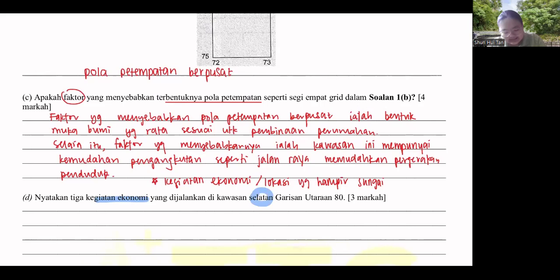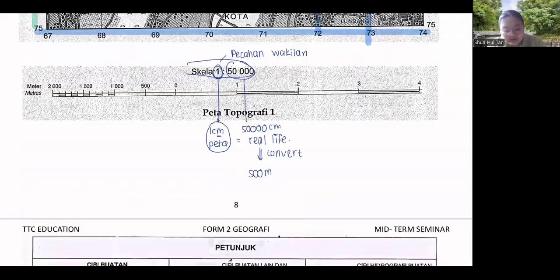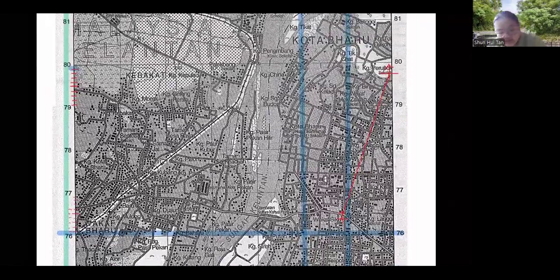Selatan Garisan Utara. So Garisan Utara is the line like this, we call it Garisan Utara. Means their number is at the side, like 79, 80, 81, like that. So find out the Garisan Utara first, 80.